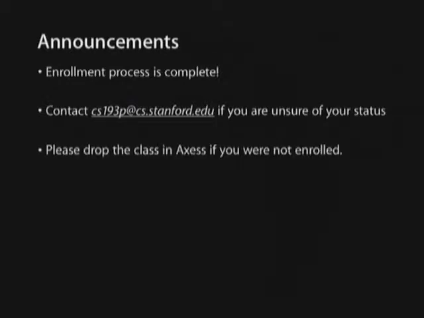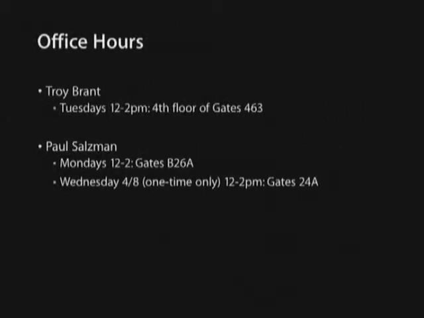So next thing is office hours. Okay, 2 TAs, Troy Brandt, Paul Salzman. You met them both last week. Troy Brandt is going to run office hours on Tuesday from 12 to 2 p.m. every Tuesday on the 4th floor of Gates, room 463. And Paul is going to be running his on Mondays. Now, because we're already on a Monday, 12 to 2 is too late for this week.